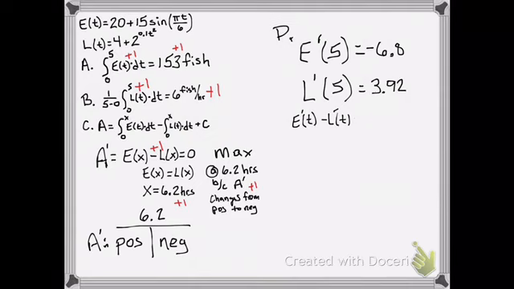It's negative 10.72. A negative value tells us that the rate is decreasing. And so the rate is decreasing because E prime of t minus L prime of t is negative. This is your final 2 points.